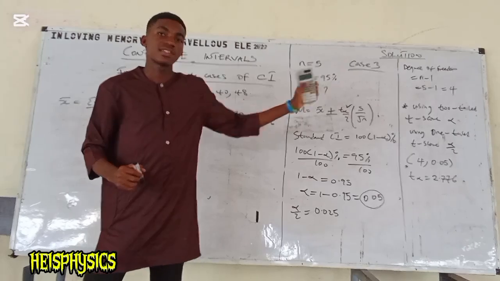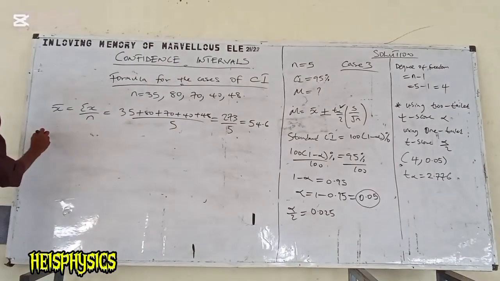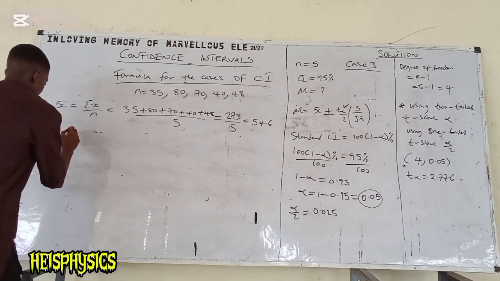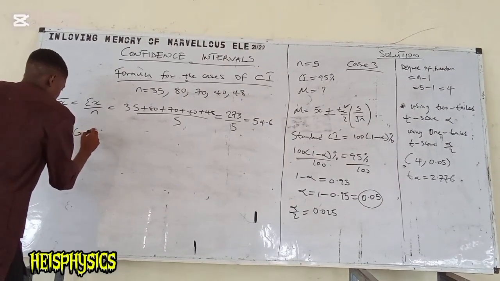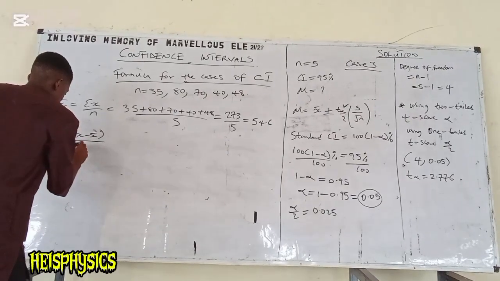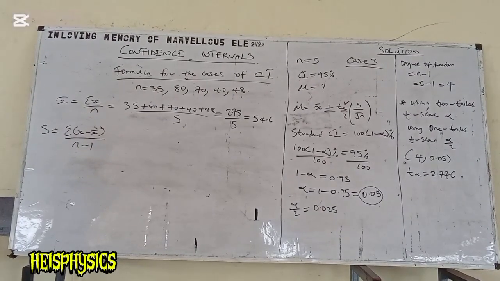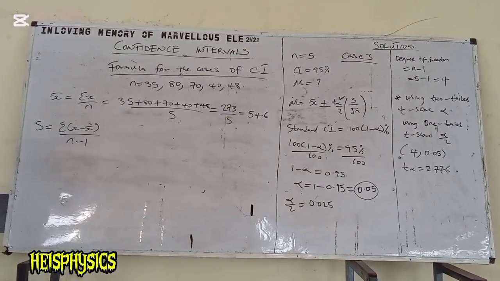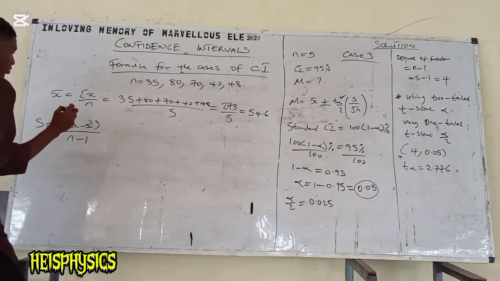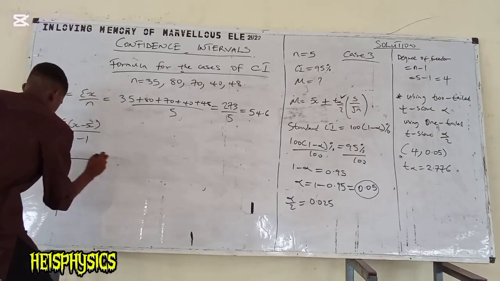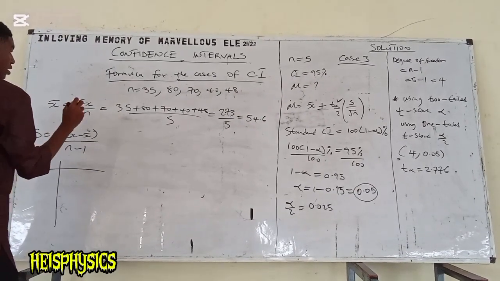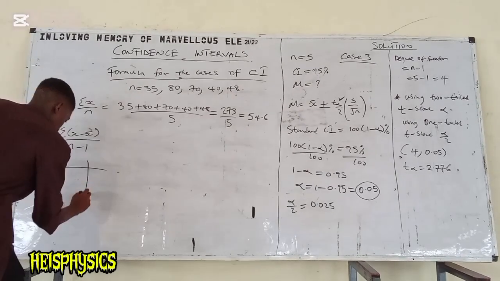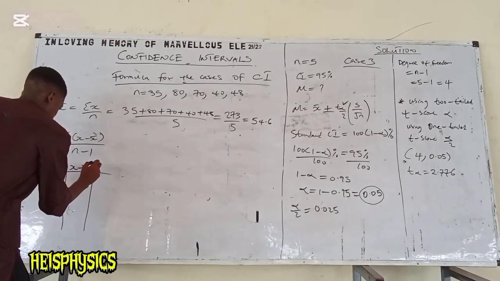Now, let's find our standard deviation. Also, standard deviation for the table without frequencies was the square root of summation of x minus x bar squared all over n minus 1. So we can make a table first, to make it easier for us to solve. In this table we have x, we have x minus x bar, and x minus x bar squared.